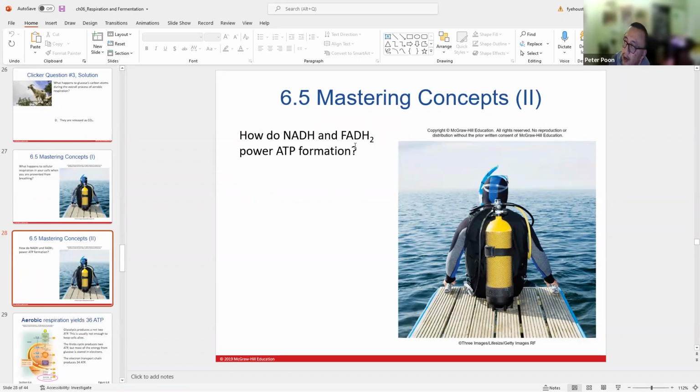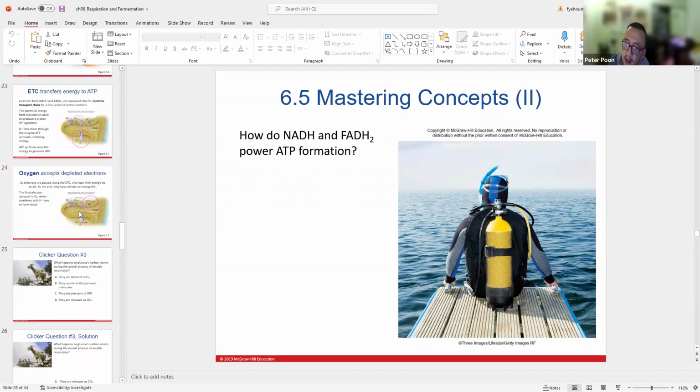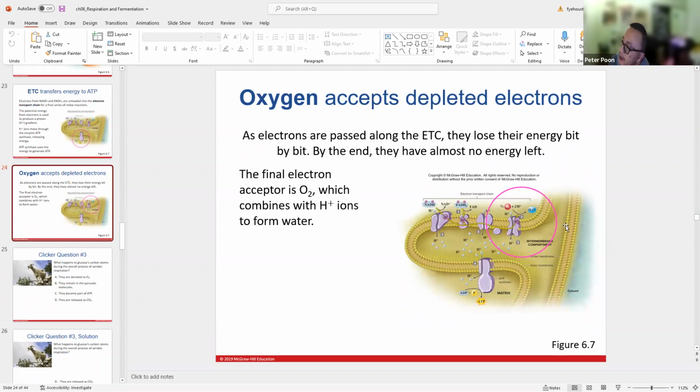How do NADH and FADH2 power ATP formation? These are the high energy electrons that get dumped into the electron transport chain. The electron transport chain produces a whole bunch of hydrogens, which get pumped across and made into ATP.